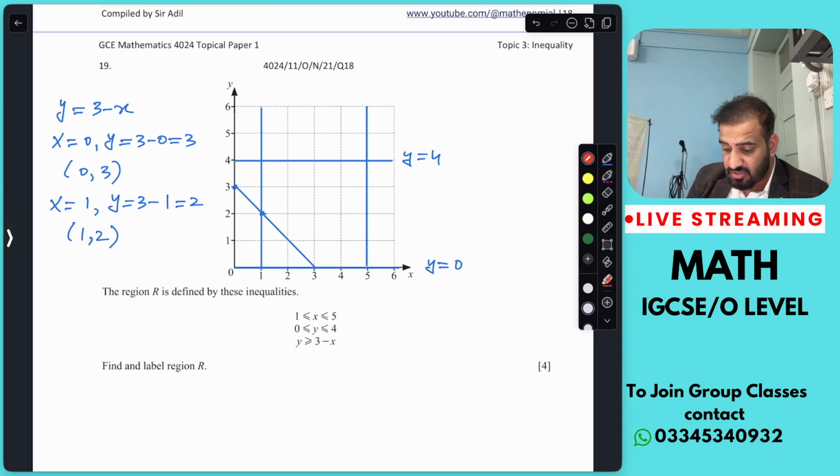So I will shade everything above this line, but please consider in your mind the previous two shadings. So this will be my final shading of all three inequalities. This is region R.